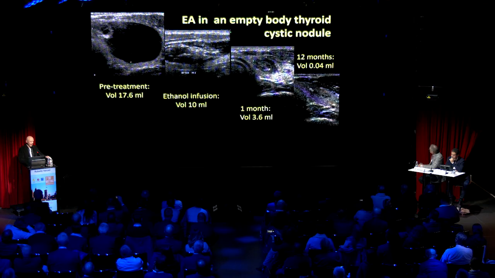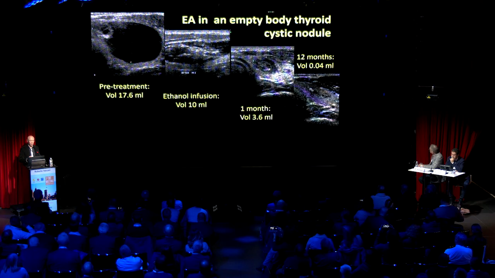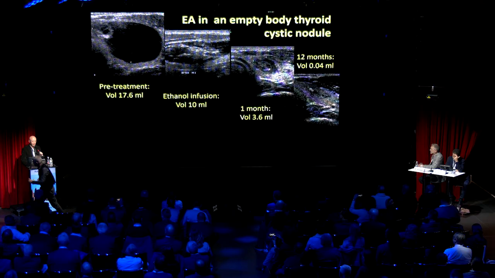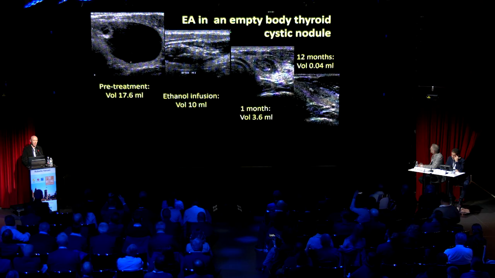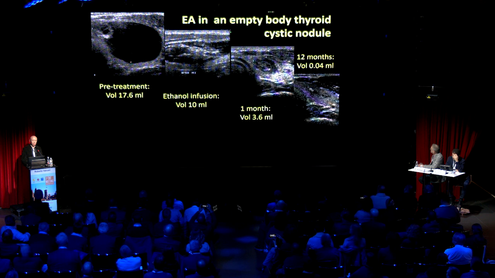And this is the ideal anechoic cystic thyroid nodule for percutaneous ethanol injection. Pre-treatment volume was about 7.6 mL, and you see over time what happens. Only a small scar tissue is left behind.